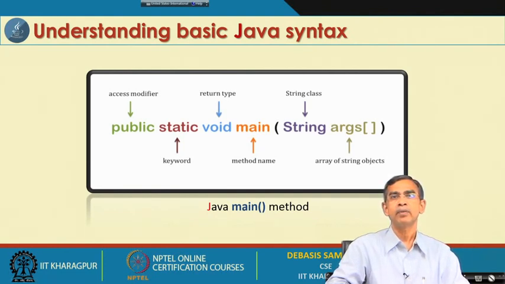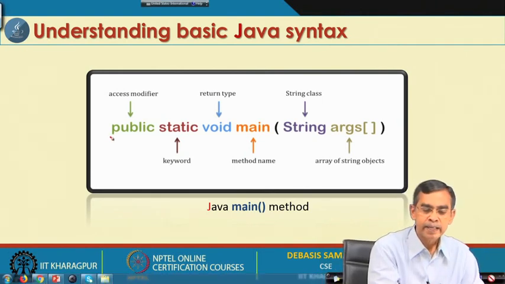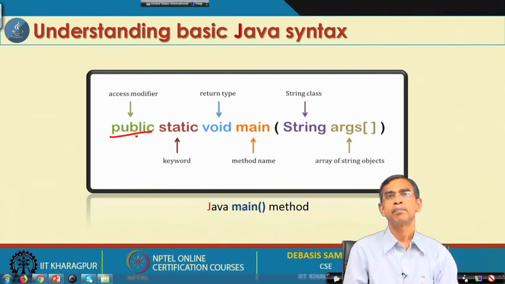Now, I will discuss the many elements in this main method, like public, static, void, main, and String and everything. The first word is public, which is called the access modifier.